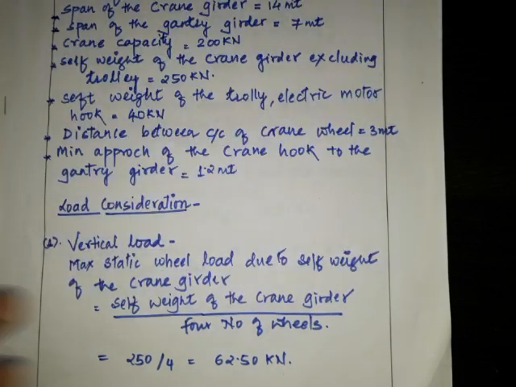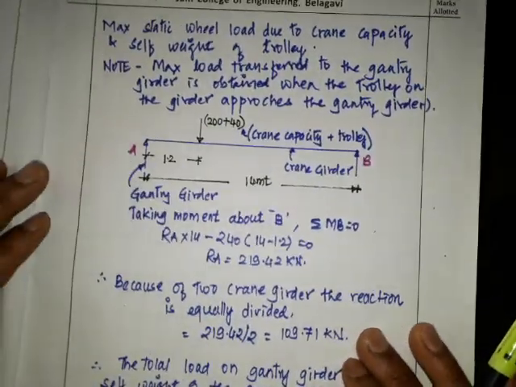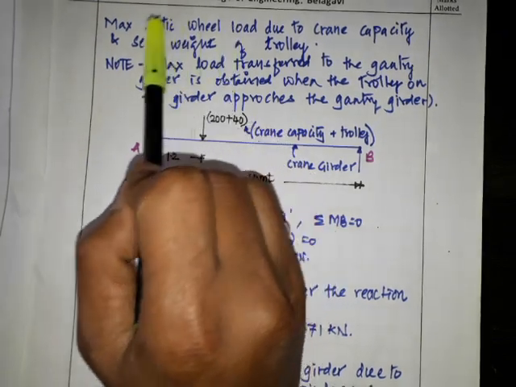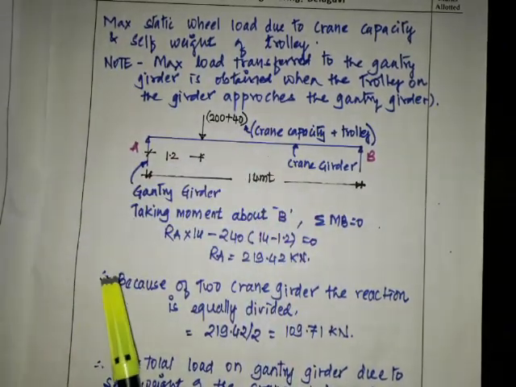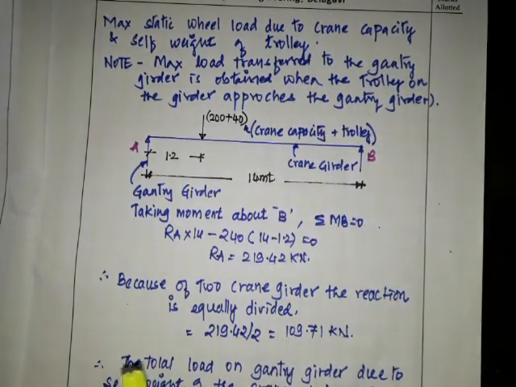Okay. Then after that we have the next, the maximum static wheel load. So after the crane girder load, we have to consider the wheel load due to crane capacity. First of all, with respect to self-weight, then we have to consider its capacity. How much load is carried by the crane or the trolley. Okay.